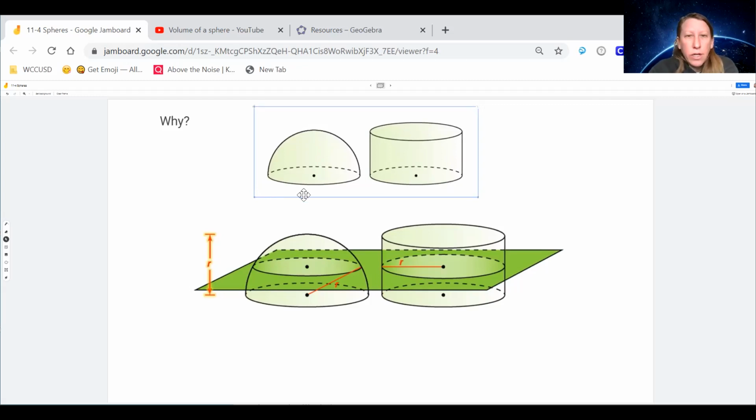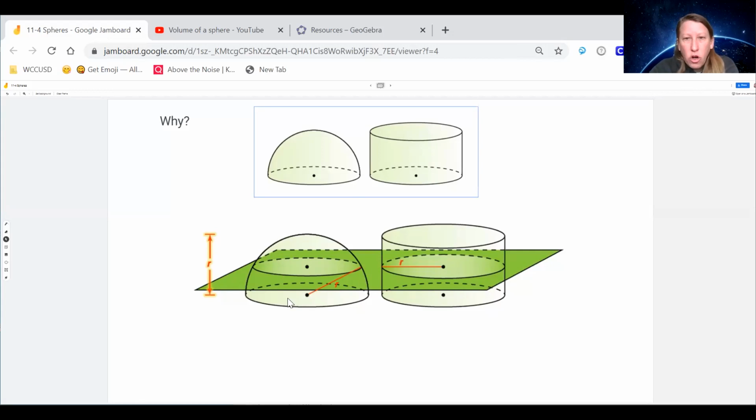So the way that this argument works is that they look at a hemisphere related to a cylinder, and they set it up so that the height is the same. And instead of being 2 radii, the height is just 1 radius.